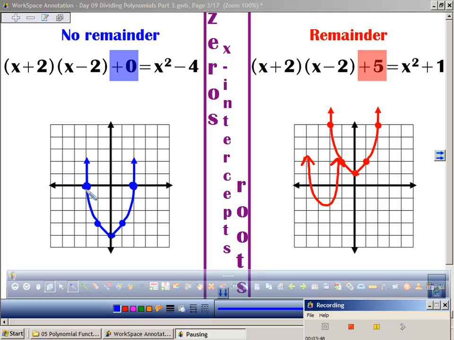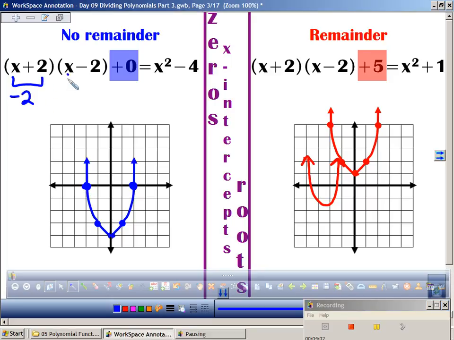They may be decimals or fractions or square roots, right? We can't actually say this one. We know that there's a 0 at -2 and there's a 0 at 2. But once we have a remainder, they're not actually going to be on 2 and -2, right? They may be a little bit over, a little bit off, or sometimes they're imaginary, like this one is right here. These are imaginary roots up here. Okay? All right, let's move on.